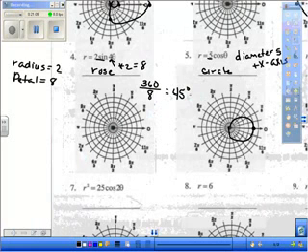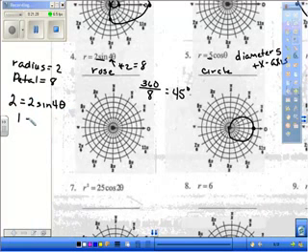Now, since this is sine, it doesn't start at 0, and we actually have to calculate where the sine ones start. So we set it equal to our radius. We say 2 equals 2 sine 4 theta. We divide both sides by 2, and now we've got 1 equals sine 4 theta. We do inverse sine of 1 equals 4 theta.